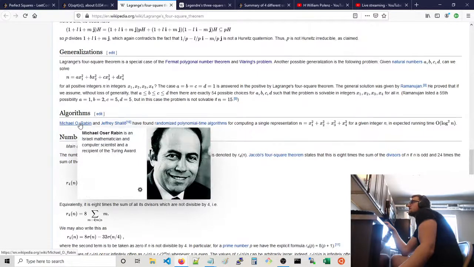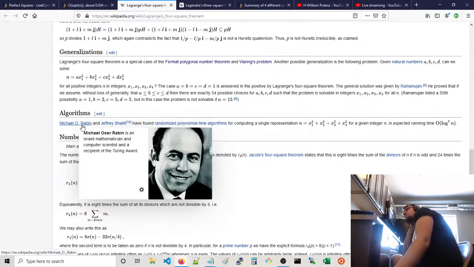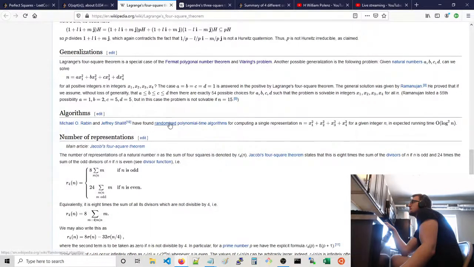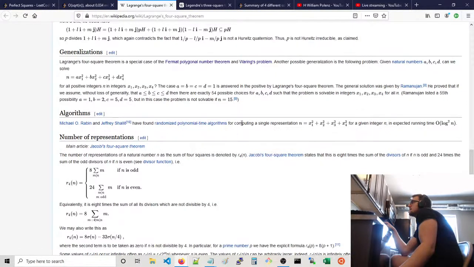Algorithms. Oh, Rabin. He's got some interesting algorithms with his name on it. Randomized polynomial time algorithms for computing a single representation for a given integer n. Expected running time O(log² n). Oh!